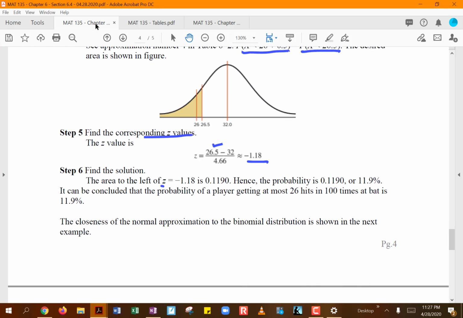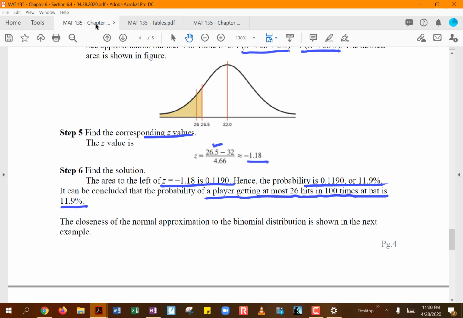So that's giving us the probability of approximately 11.9%. So we are saying the probability that a player gets at most 26 hits in 100 times at bat is going to be a probability of 11.9%. Okay?